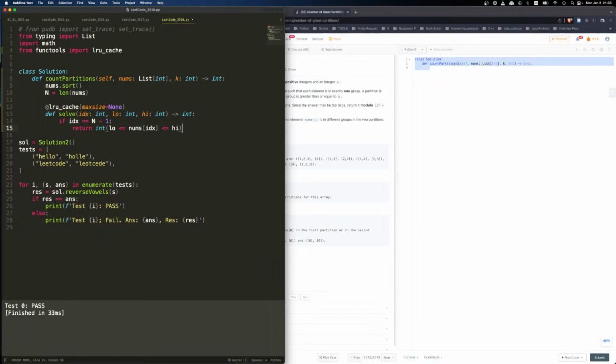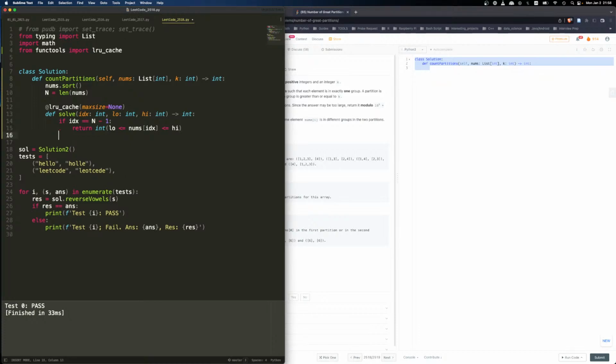If it works, then it just works, because it has to be in between these two ranges. Okay, so that's that. And otherwise, what we have is the index from this to the end.